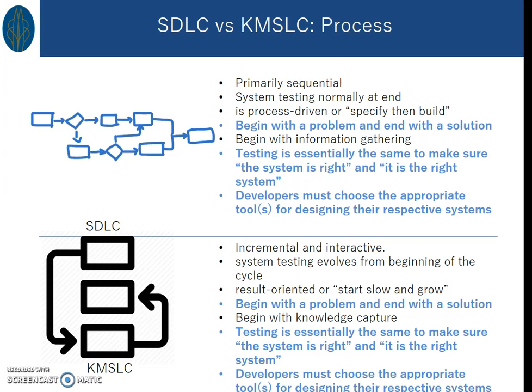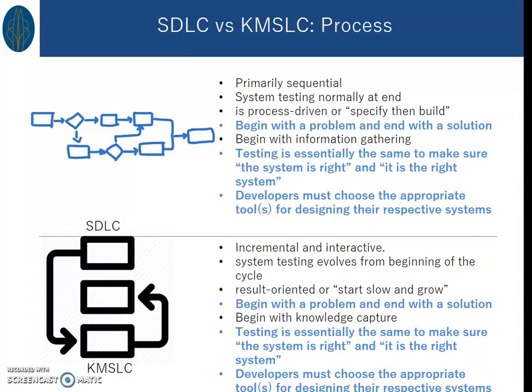Like I said earlier, you can see the similarities and also differences in terms of processes. This slide shows the similarities and differences between the SDLC and KMSLC. If you notice, the font in blue and bold is the similarities.